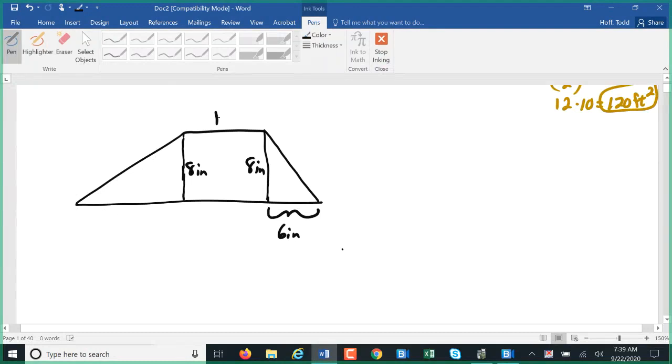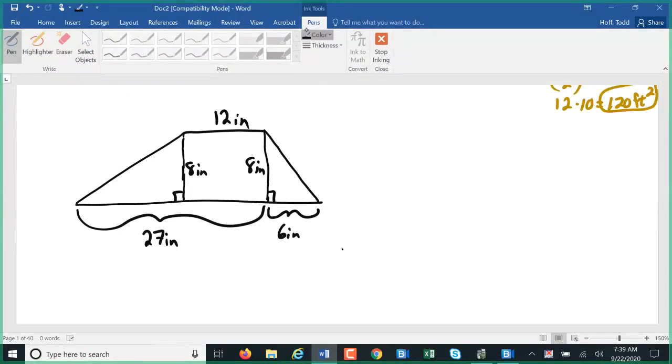Call this up here 12. And this piece we'll call 27. Again, assuming those are right angles there. We can, if we know those dimensions, and we do here, break this down into 2 triangles and a rectangle.